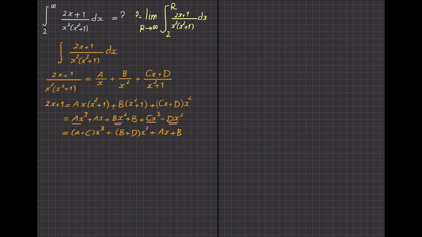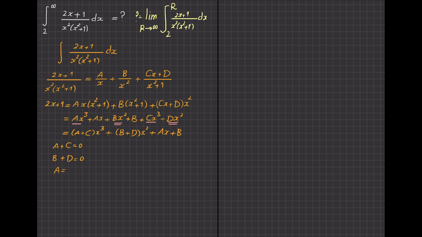We want to make them identical. This cannot happen unless the coefficients are correspondingly equal. So the coefficient of x cubed on the right is A plus C. The coefficient of x cubed on the left is 0 because there is no cubic term there. So this means that A plus C should be 0. For the same reason, B plus D should also be equal to 0.